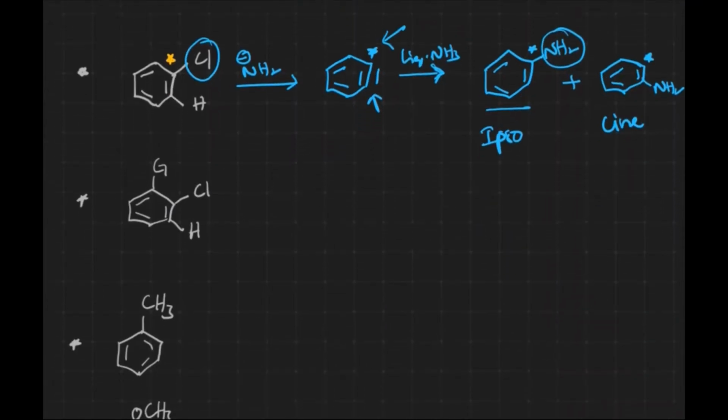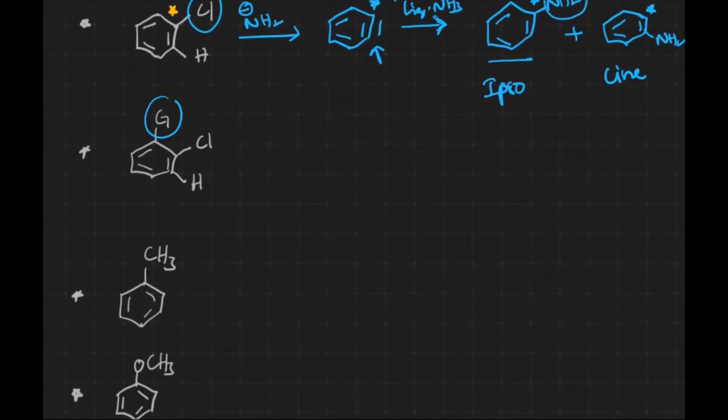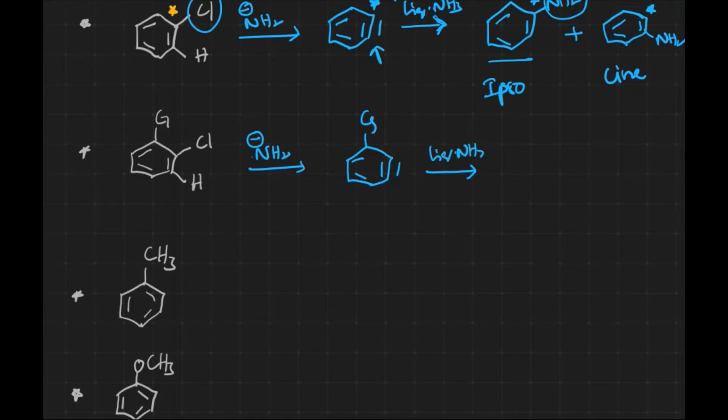Let us see with substituents, like any other groups. Now with respect to a group, how does the reaction take place? What happens with the NH2 base? Formation of benzyne takes place, right? Here we can expect a benzyne, and this is what it is. After this, by adding liquid ammonia, NH2 may come over there or here, right?